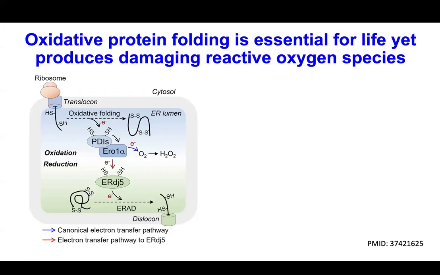And these two proteins use oxygen as an electron acceptor to take the electron from the cysteine group so that the disulfide bond can form inside of the protein to stabilize the folding.